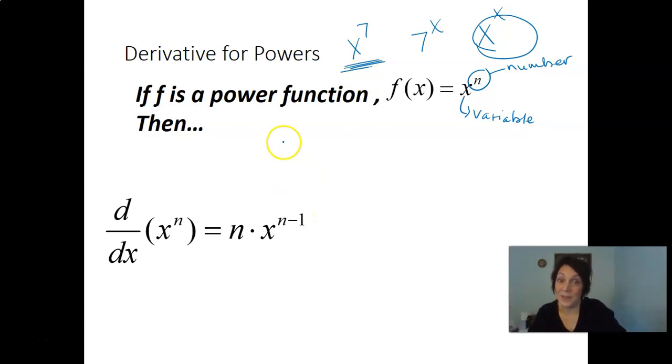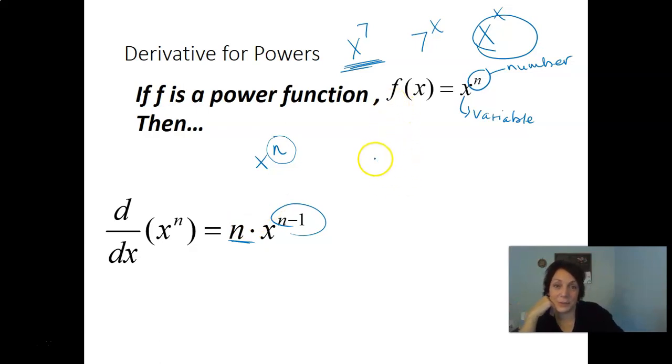Check this out. If you have a function, x to the n, all I have to do to get its derivative is take this original exponent, multiply it down, it becomes the coefficient. The base stays the same, you subtract one off the old exponent. Done.